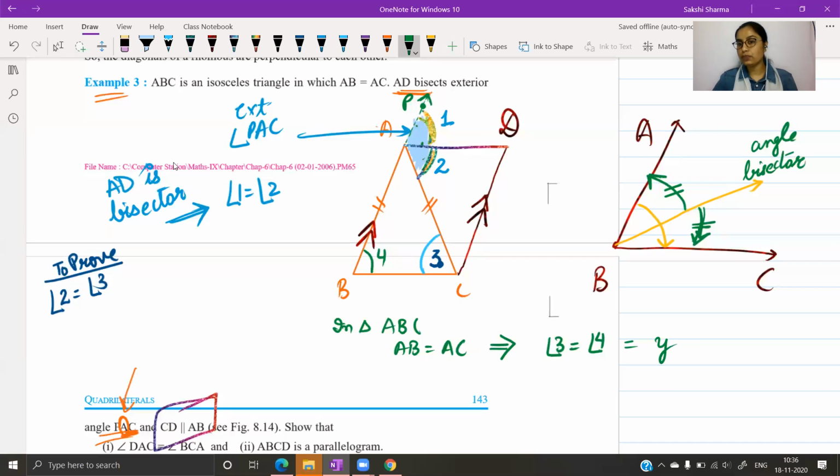Let's say each of them is y. इस एंगल का मेजर भी y लिख देते हैं और इसको भी y लिख देते हैं, जस्ट फॉर कन्वीनियंस कि ये दोनों बराबर हैं, and let's represent them with the same variable. सिमिलरली क्योंकि ये बाइसेक्शन हो रही थी यहाँ पे, हम इन दोनों को भी सेम मेजर असाइन कर सकते हैं.